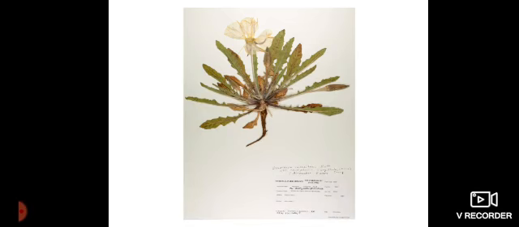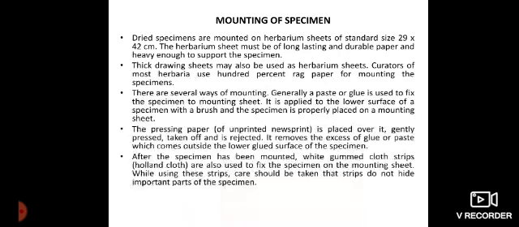So this is how the dried pressed material of a plant has to be glued on the herbarium sheet along with the floral parts, and in case of herbaceous plants, it has to contain the underground part, the root, also. On the right side of the herbarium sheet, it contains the information regarding the collected pressed plant material. So this is how it has to be mounted.